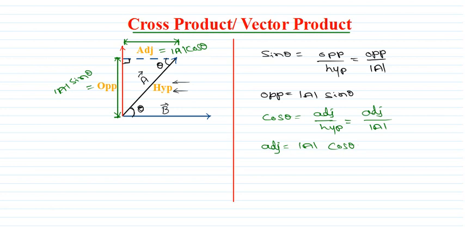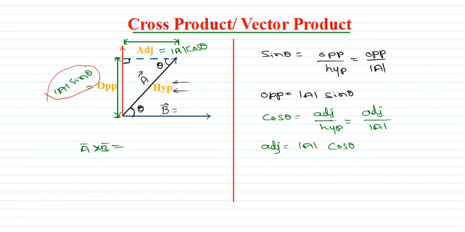Now if I write the product of these two vectors, vector A cross vector B is equal to magnitude of vector A, and magnitude of vector B. What is the magnitude of vector B?